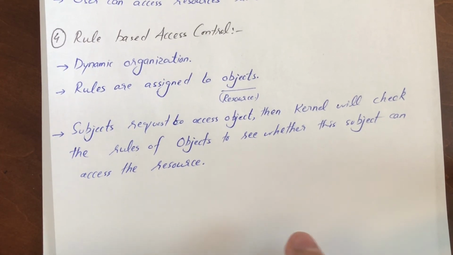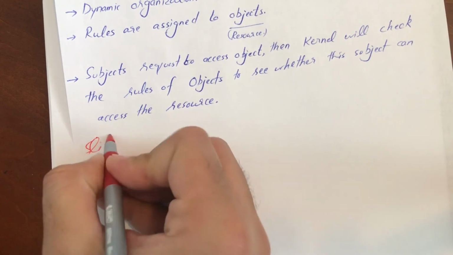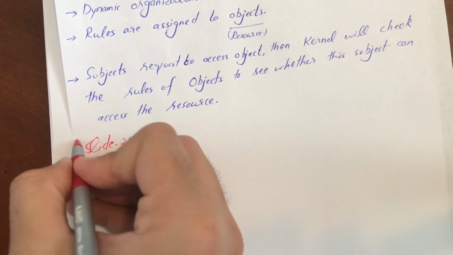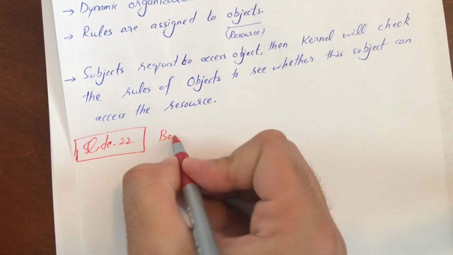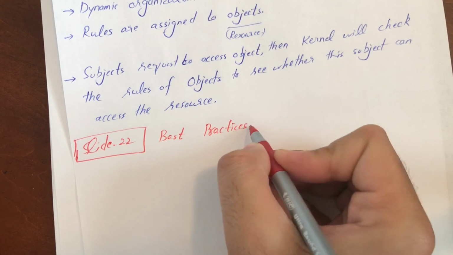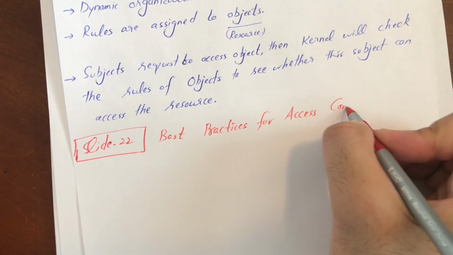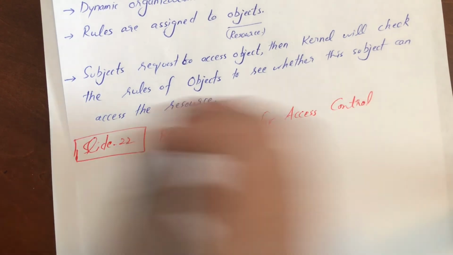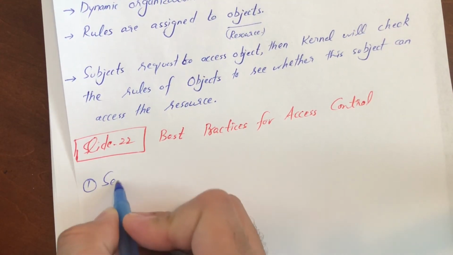Now the last thing for today, for this particular part, is slide 22, where we have some best practices for access control. There are a couple of things. One is separation of duties.